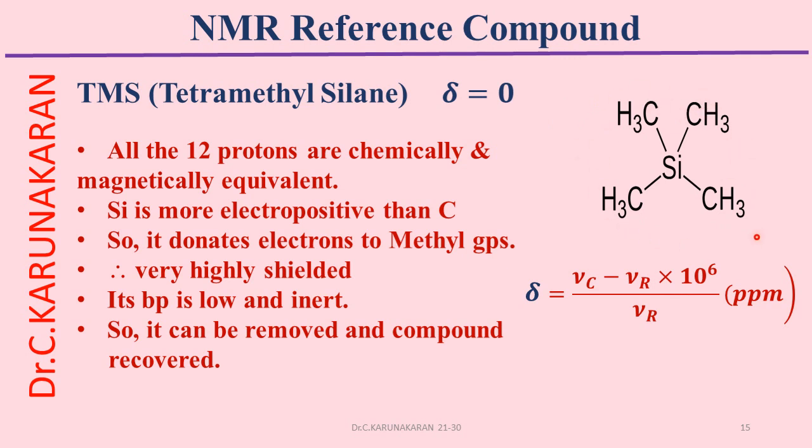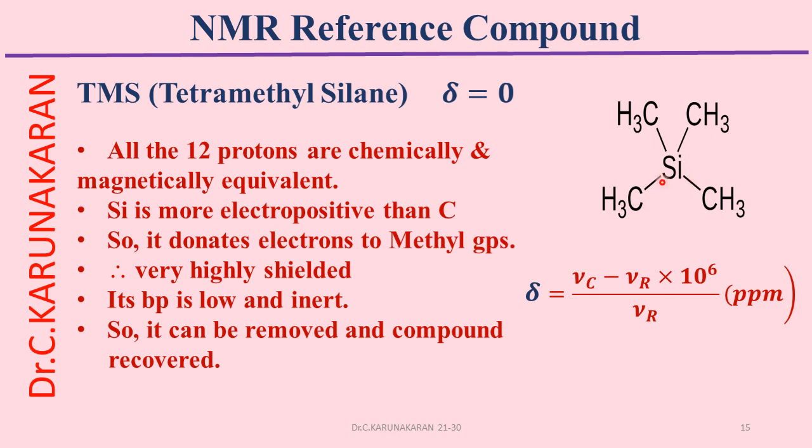All the 12 protons are chemically and magnetically equivalent, therefore it gives a single signal for these 12 protons, with an intense signal. The intensity is very high, so it can be compared with other compounds, and it is highly shielded. Why are the methyl protons highly shielded?